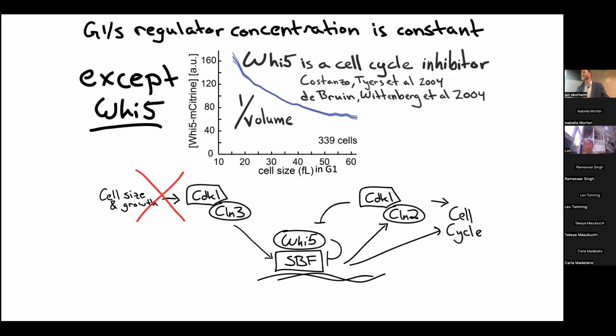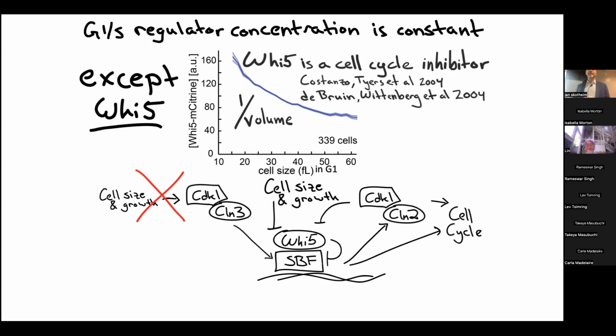It's really exciting to generate new models that can explain in a more comprehensive way the phenomena that we all observe. This new model says that size and growth could feed into the middle of the pathway. This protein Whi5, an inhibitor of cell division, sits at the middle of the pathway, and growth quite literally dilutes it out.